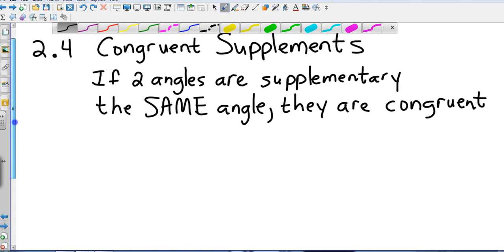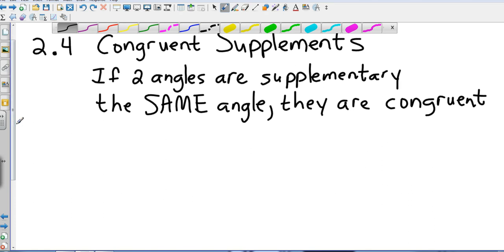So if I had something like, let's use an example that was in our book, I believe. Angle 1 plus angle 2 equals 180.